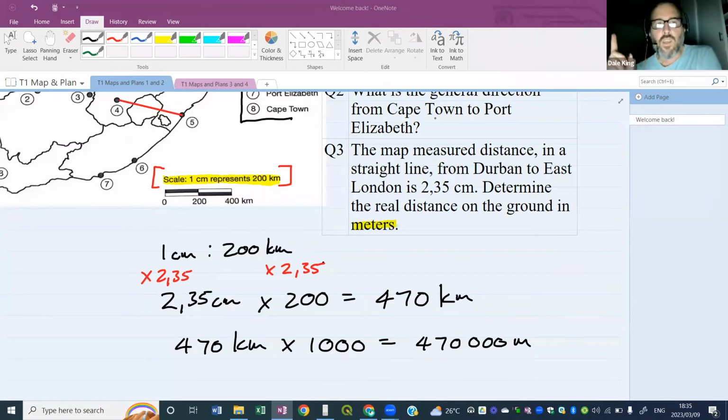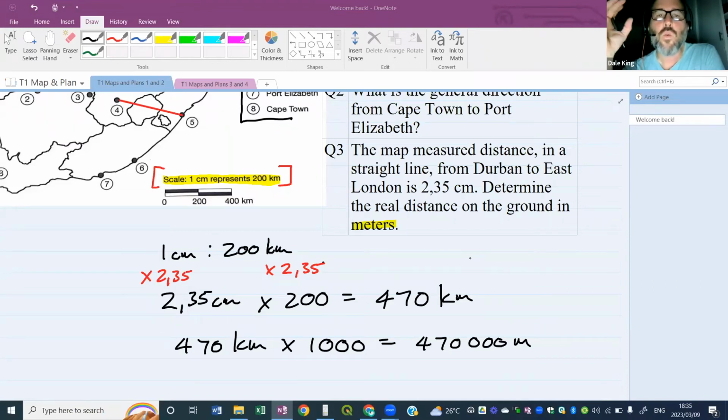Now, some people were getting 470, and maybe you didn't realize that you had to go to meters. If you did see that you had to go to meters, yeah, Sonia, I think you divided. If you're getting 470 meters, you got to think about that a little bit. From Durban to East London, 470 meters, not even a kilometer. That doesn't sound right.